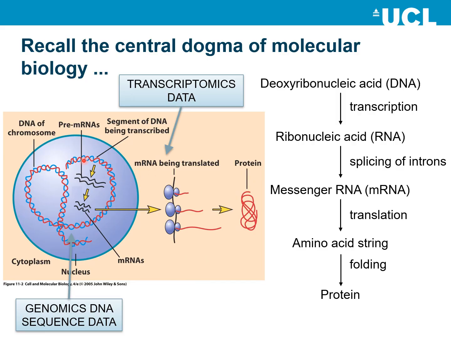It's actually the transcriptional activity, the gene expression level of a particular gene into messenger RNA. How much messenger RNA is in that cell. And then proteomics data is the concentration of the different proteins within the cell.